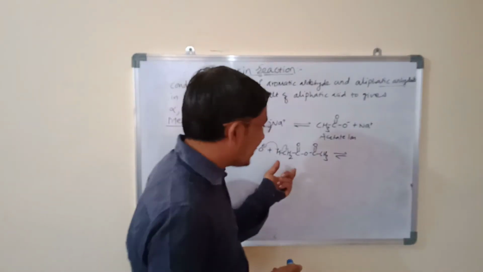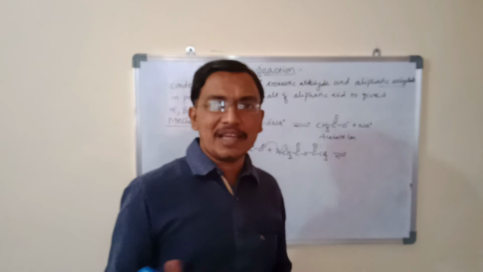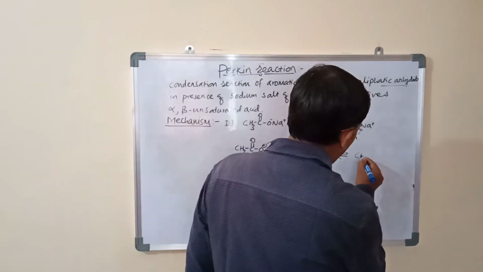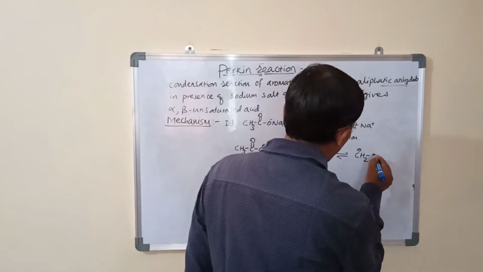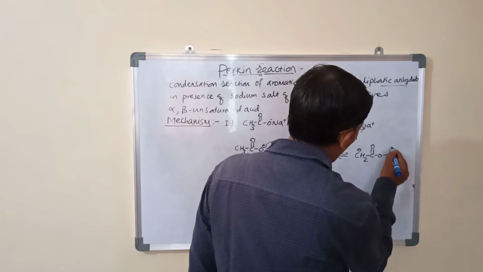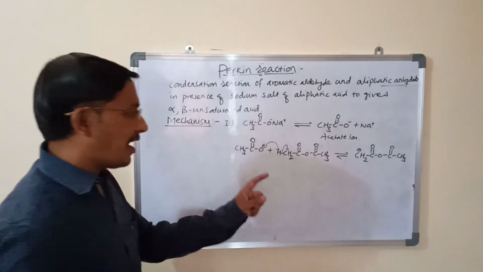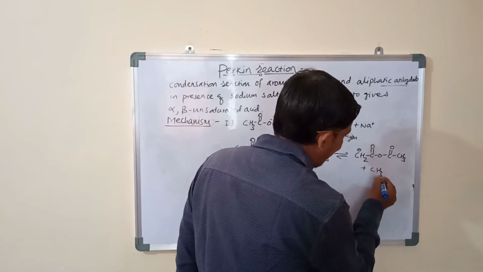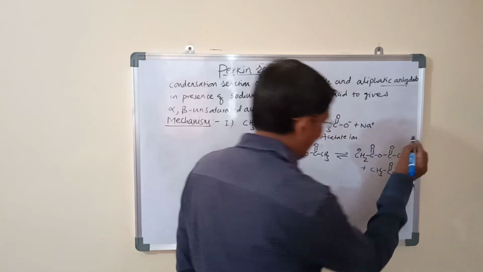These hydrogens are acidic since, once the carbanion is generated, the negative charge is stabilized. It becomes CH2 minus, C double bond O OCOCH3. The byproduct is acetic acid, since the proton is abstracted from the anhydride.